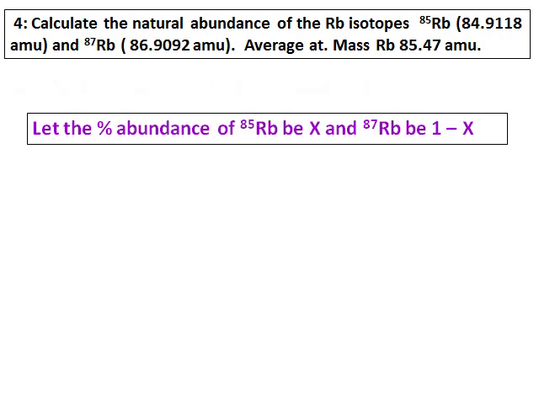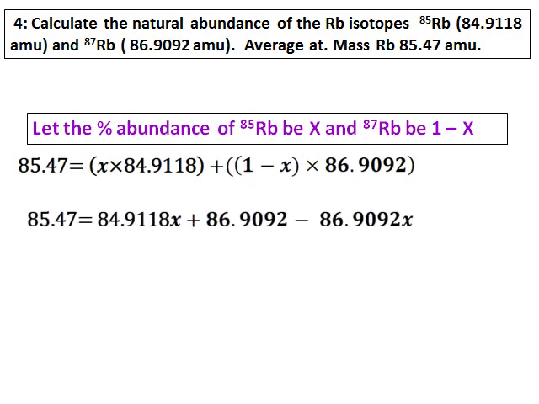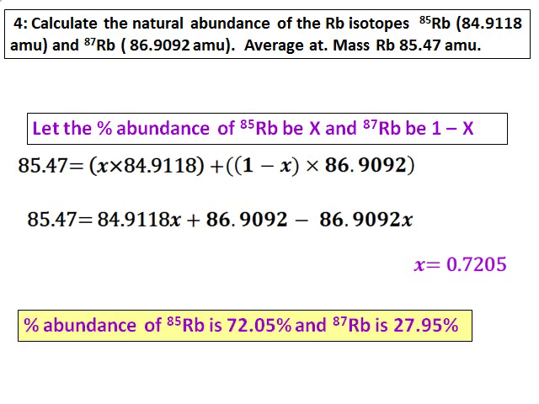So when we substitute all the values and get the value of X, I get X as 0.7205. So what we do here is, whatever answer you get, multiply that by 100 to get the percentage value, and therefore rubidium-85 will be 72.05 and that of rubidium-87 is 27.95.